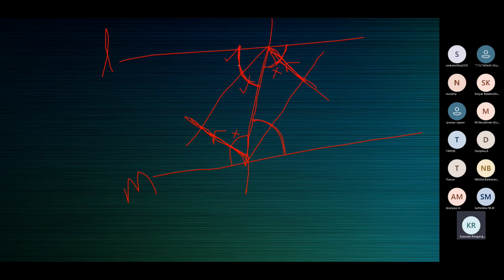So now we have this angle equal to this angle. You can see a bisector, transversal here, and the bisector. We have proved that this angle is equal to this angle. That means this bisector is parallel to this bisector.